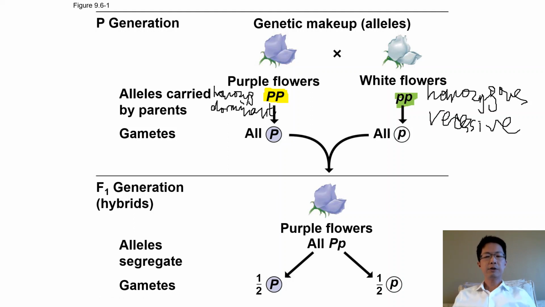Because remember, this is 2n in here, 2n for both flowers. So the gametes that they produce, as you know, are 1n.